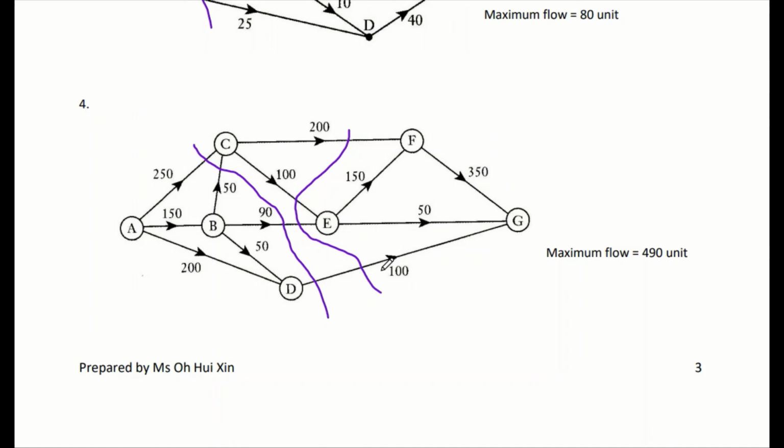If all your maximum flow answers are correct, you should be able to find a cut in your diagram that gives you the minimum value, which is the minimum cut, and this minimum cut is going to equal your maximum flow. So you can try this out again with your previous exercises as well, if you need any extra exercise besides exercise 6b.